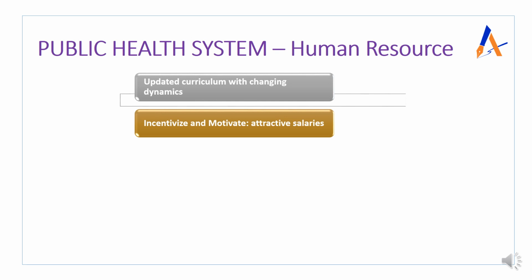So empanelment happens. Government will empanel certain hospitals, and then the government officials can go and avail the services and benefits. But there are certain departments where the doctors are denying that they will not see the patients under CGHS. Why? Because government pays them very less. For one consultation, government is paying them 125 rupees, 100 rupees.